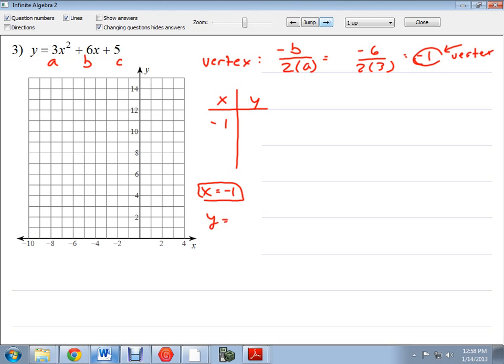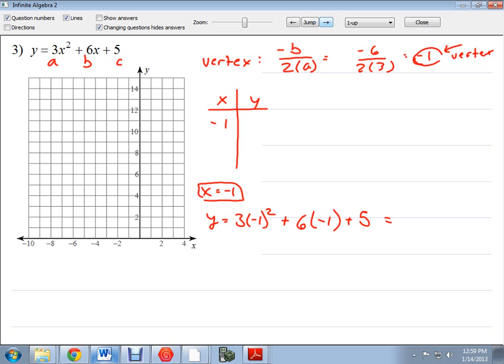Y is equal to 3 times negative 1 squared plus 6 times negative 1 plus 5. And we're going to see what that is. So in our calculators, we're going to type it all out exactly as I wrote it, with the parentheses and everything. The parentheses are important.